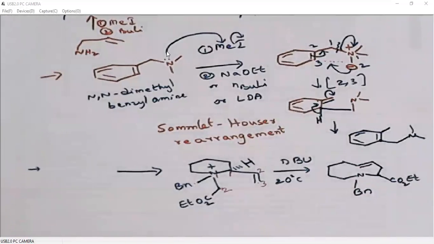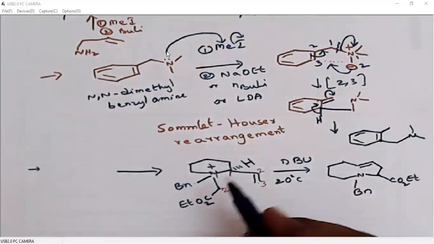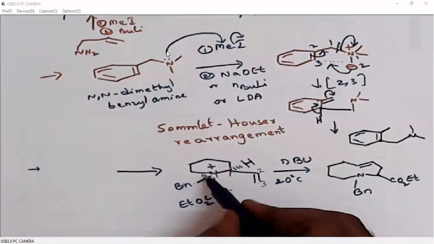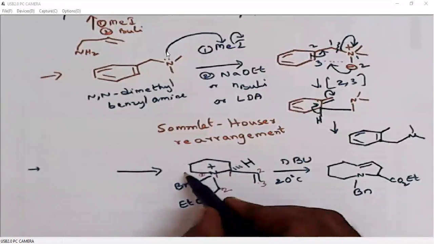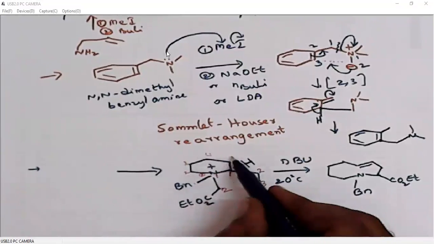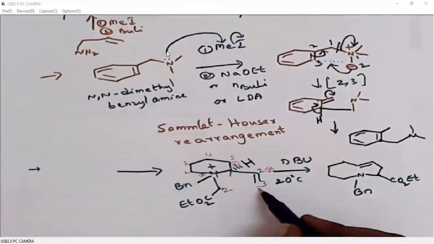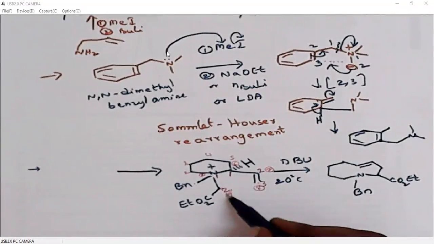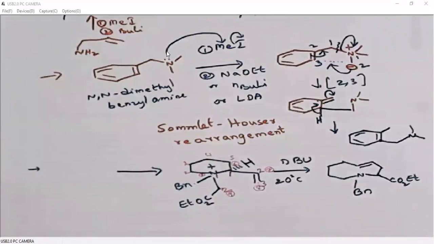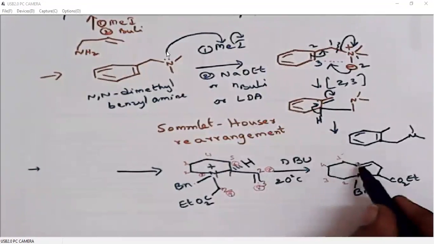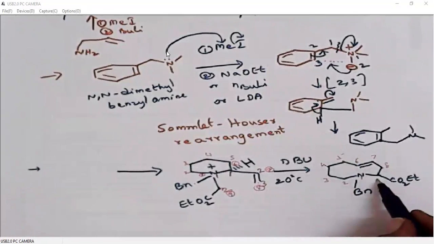If you want, you can take the overall numbering so that it would be easy. We'll start with nitrogen. 1, 2, 3, 4, 5, 6, 7, 8, 9. Here also 1, 2, 3, 4, 5, 6, 7, 8, 9.